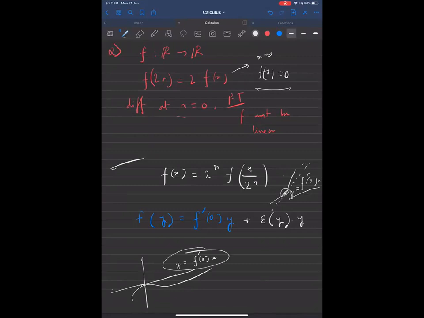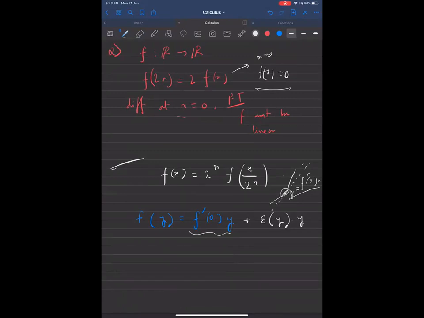This is basically the approximation. Now, this approximation is quite good in the small neighborhood around 0, as you can see, but it fails when it's far from 0. So that's what I'm saying: f of y is equal to f dash 0 times y, if f of 0 is equal to 0.